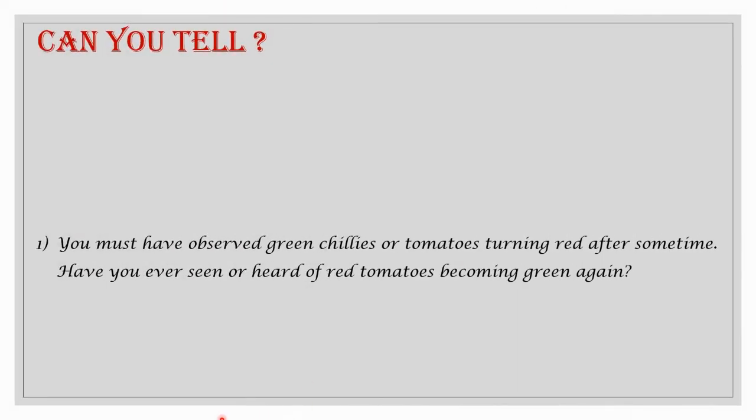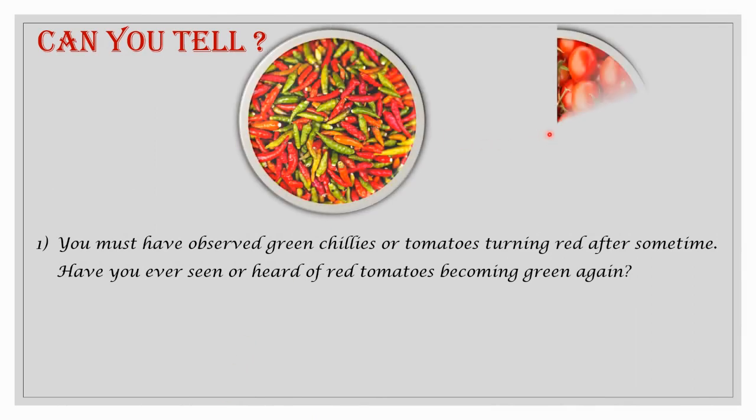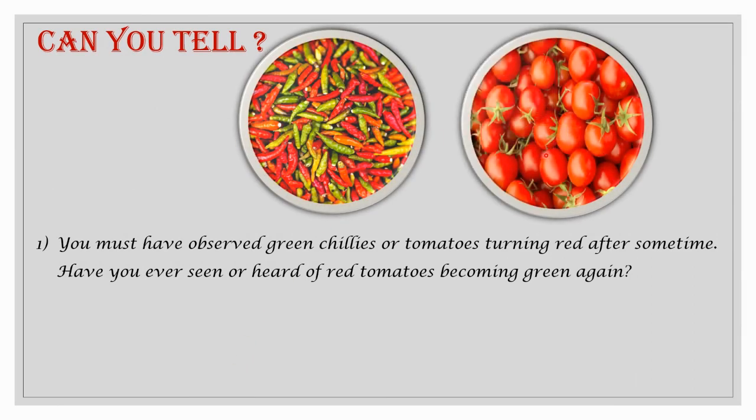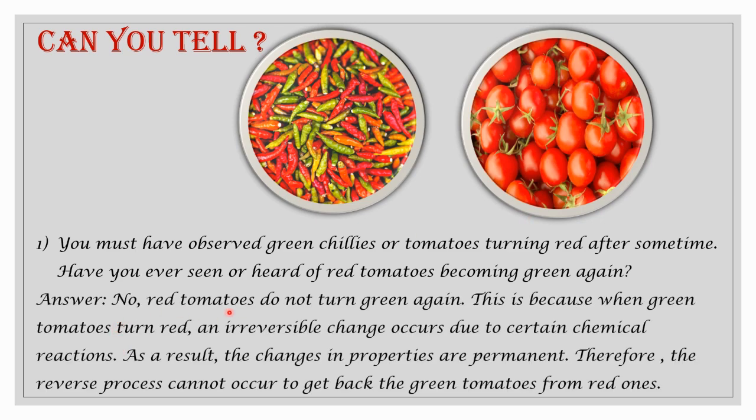Now students, you must have observed green chilies or tomatoes turning red after some time. Have you ever seen or heard of red tomatoes becoming green again? No, red tomatoes do not turn green again.